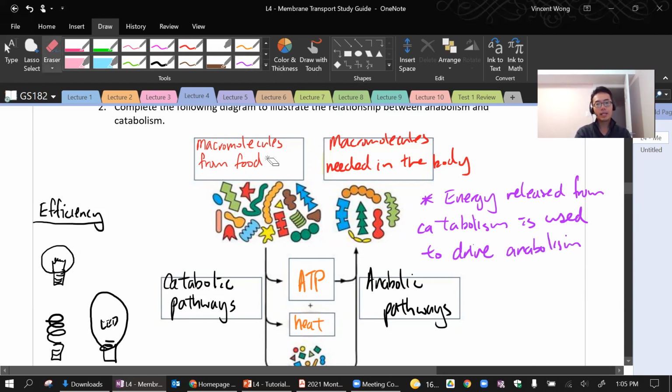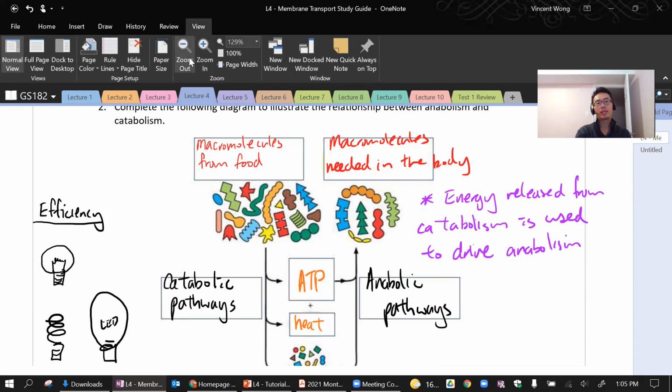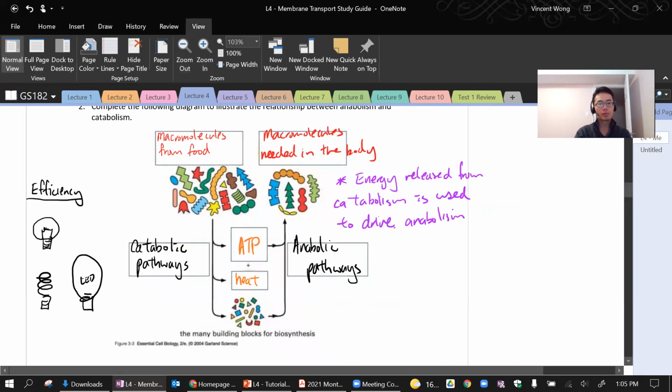Right, so as long as we're eating, we'll be able to create ATP, and we'll use those ATP to allow the anabolic pathway to occur. Any question on this?